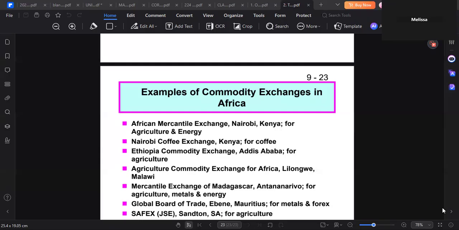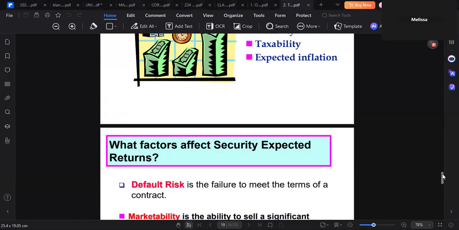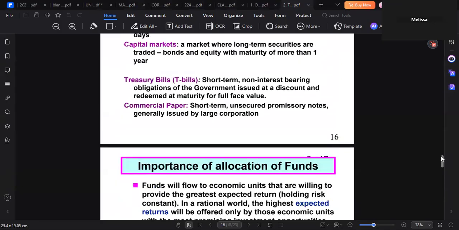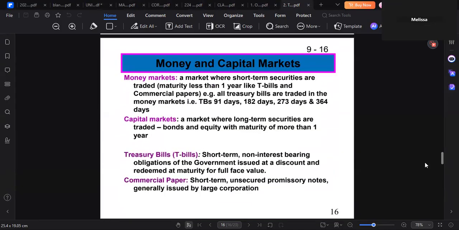So a money market is a place where short-term instruments are traded, such as treasury bills or commercial paper, while the capital market is where long-term instruments are traded. These would be things like bonds and stocks. Exactly. So more than a year, that's the capital market, looking at corporate bonds and equity shares.